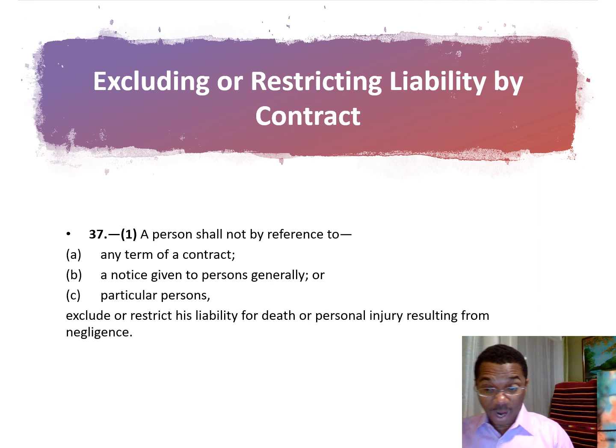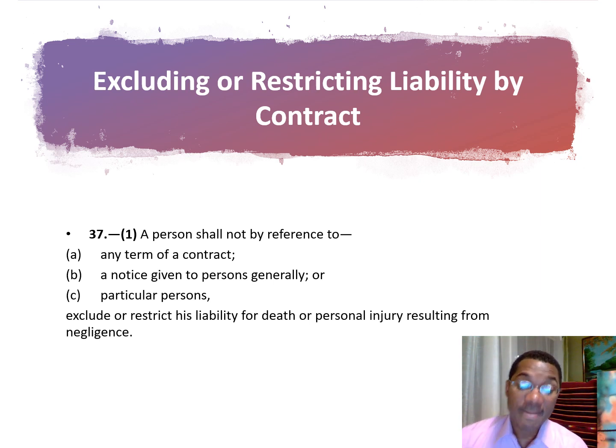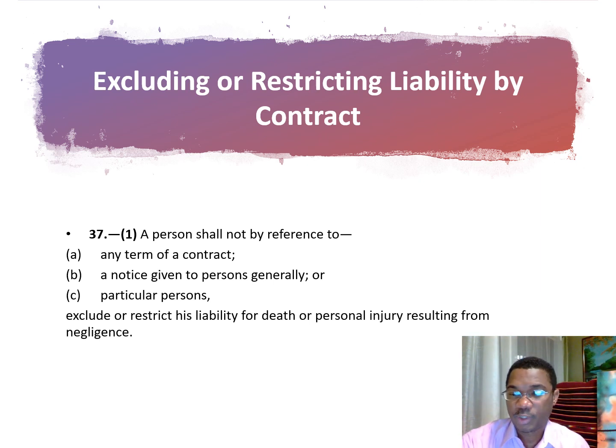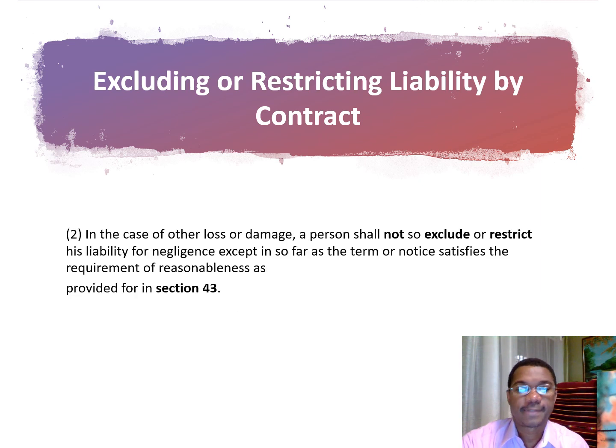So what this is actually doing is making it very clear that exclusion clauses or limitation clauses are not applicable to liability arising from the death of somebody and from personal injury, which results from negligence. And again, that is designed to protect the rights of consumers.